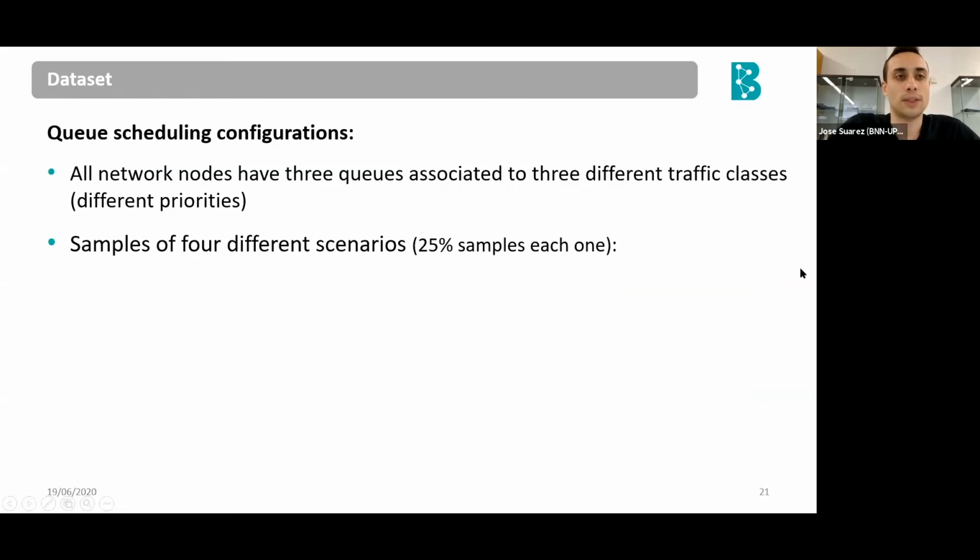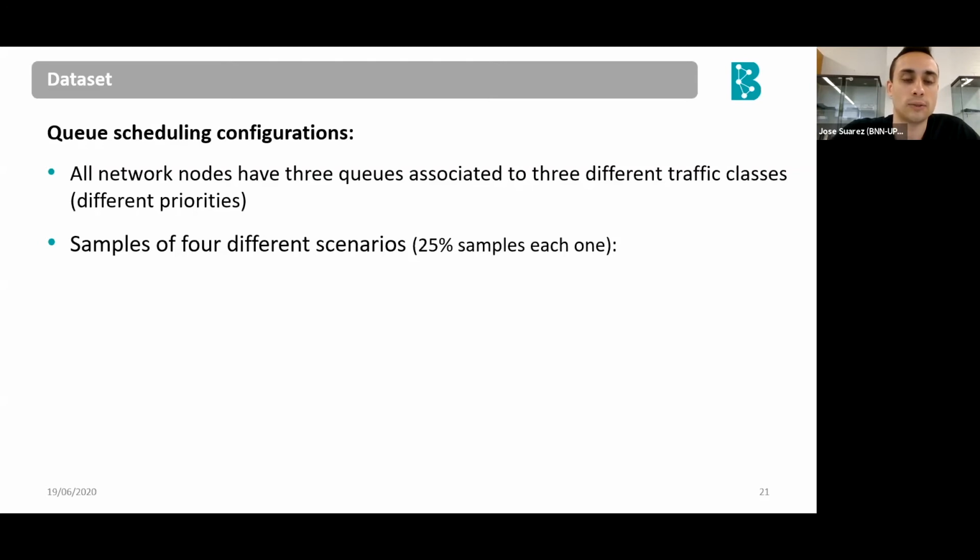So continuing with the data set and focusing on the queue scheduling configurations, all the nodes in our networks consider 3 different queues where 3 different traffic classes are directly associated. So these traffic classes have different quality of service priorities.